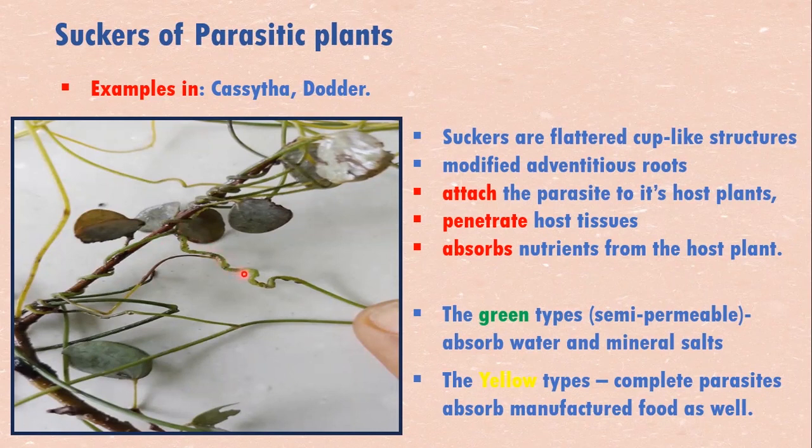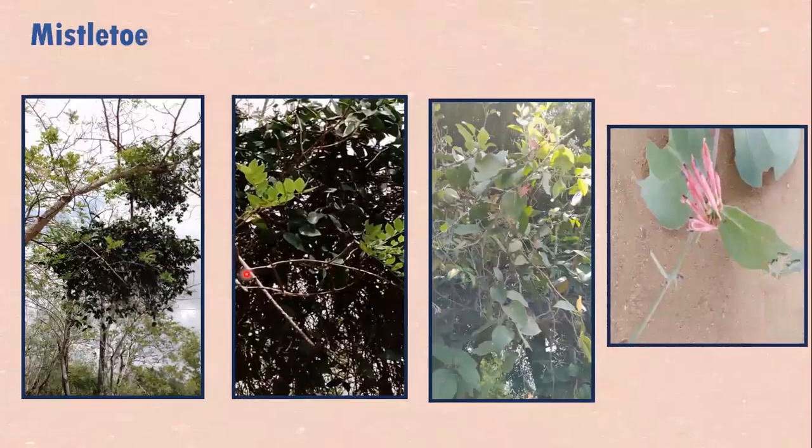Very neat. Now let's look at other parasitic plants which have no suckers but have haustoria. Mistletoe is one of them. It's a parasitic plant. Look at this tree. There's a branch of it that we've shown. These are its leaves, bright green leaves. But this part of it is a parasite, the mistletoe.